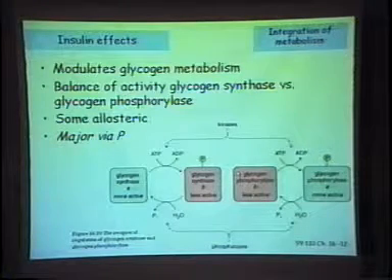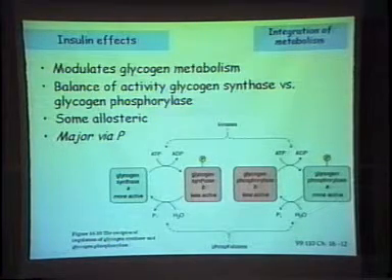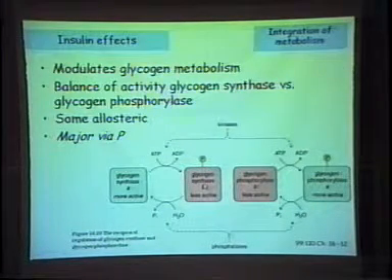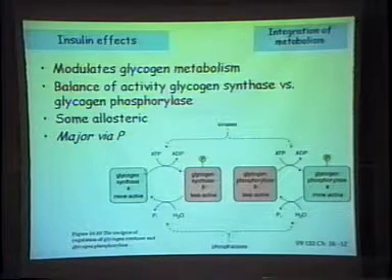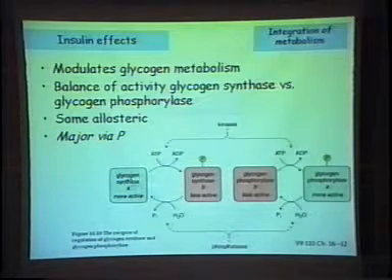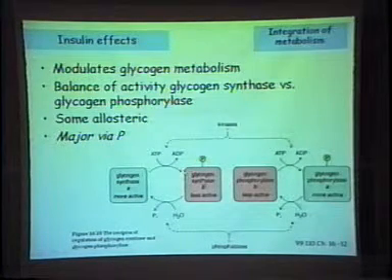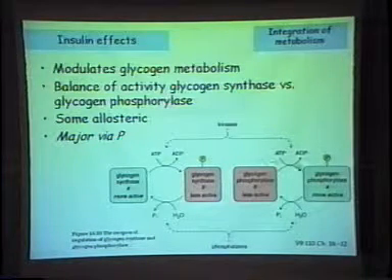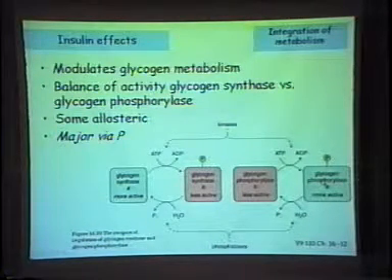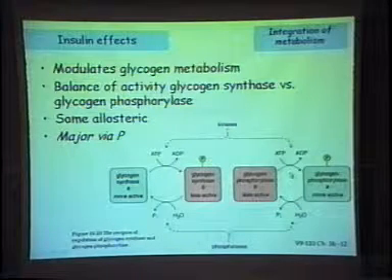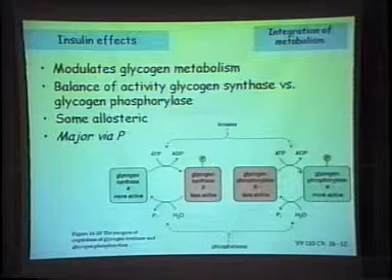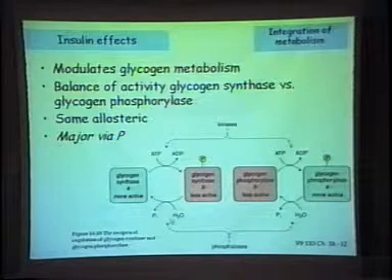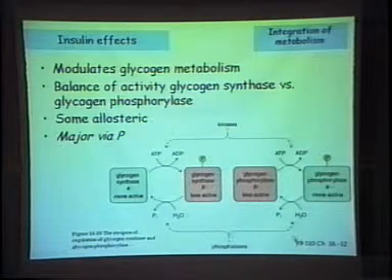And it's sort of a cute trick because the two halves of the equation have opposite responses to being phosphorylated. So when you have glycogen synthase and you phosphorylate it, you turn it down. When you have glycogen phosphorylase and you phosphorylate it, you turn it up. So you're getting a double whammy. If you're turning one down as you turn the other up, you're getting a bigger change than just one alone. And in the other direction, the same kind of reciprocity.